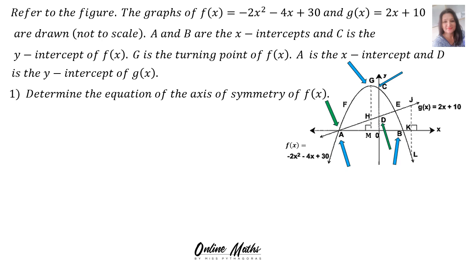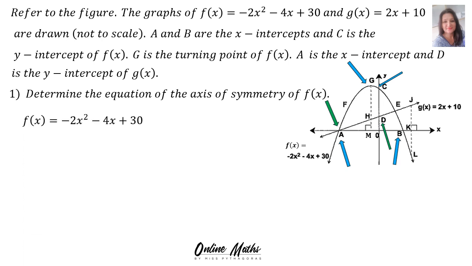Number 1. Determine the equation of the axis of symmetry of f(x). Now, what they are actually asking us to work out is the x-coordinate of the turning point, because the x-coordinate of the turning point is the axis of symmetry.